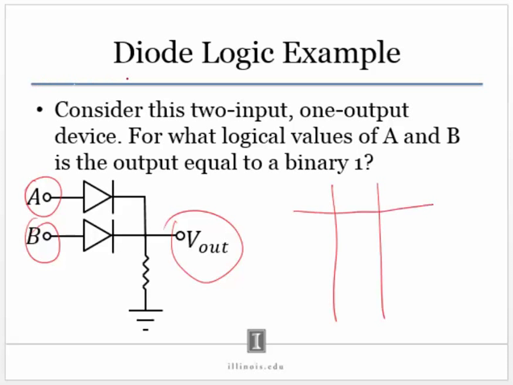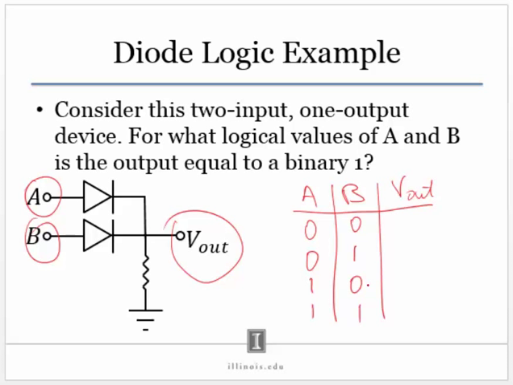We'll create a table much like a truth table, A, B, and V out, and try to reason through the various inputs this way. And we'll label the inputs logically with zeros and ones, and let's figure it out. These are regular diodes that should turn on at maybe 0.7 volts.